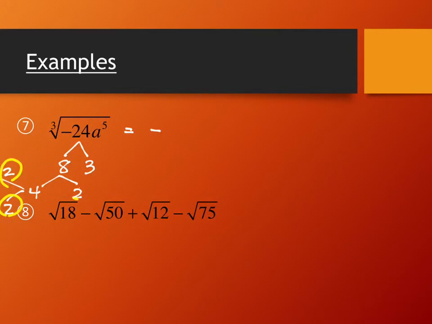These are the 4 factors that I actually have. There's 3 2s and a 3. So I want to show you this in this way because this is more general than what the last one would be if I just pulled out the 8 and recognized that it's 2. But if you see that, you can do it. It's not a problem. So I've still got a cube root, and I've got 2 times 2 times 2 times 3.